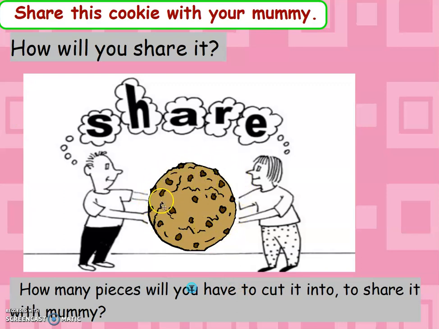This is a cookie, or a paper circle. You can assume the paper circle to be a cookie. I want you to share the cookie with your mummy today. You only have one cookie. How will you share it with your mummy?